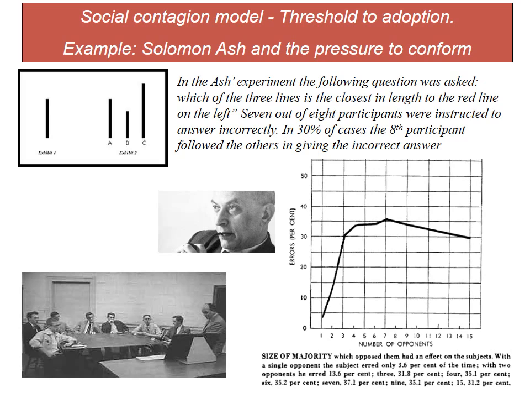And in fact, if you look at the curve on the right hand side of the graph, which shows the experimental findings Asch found, when the individuals before the subject of the experiment gave the wrong answer unanimously, between 30 and 40% of the subjects started giving the wrong answer.